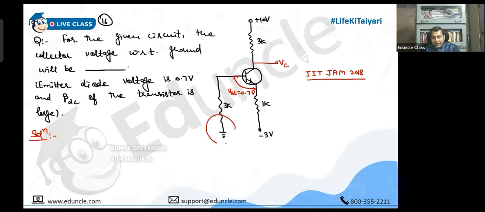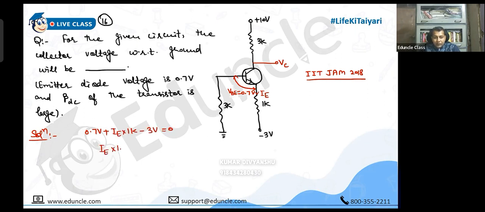There is no battery connected in the base circuit, so VB is 0. It means IB is 0. So it obviously means IE equal to IC. So this is 0.7. Let us suppose the current through this is IE. Then it will be 0.7 volt plus IE into 1K minus 3 volt equal to 0.